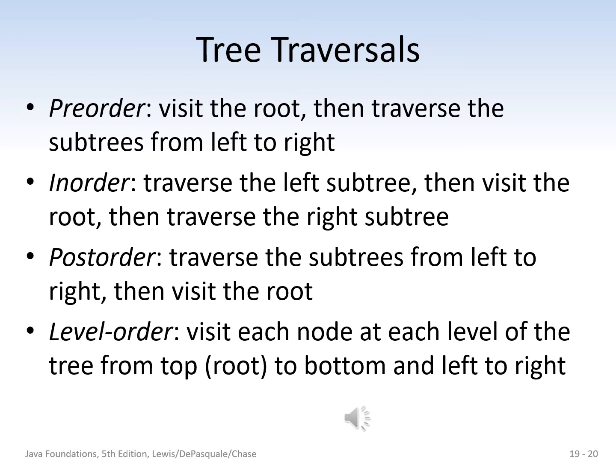And remember, each node can be considered a root with a subtree. Post order traverses the subtrees from left to right, then visits the root. Level order visits each node at each level of the tree, from top, the root, to bottom, and left to right.